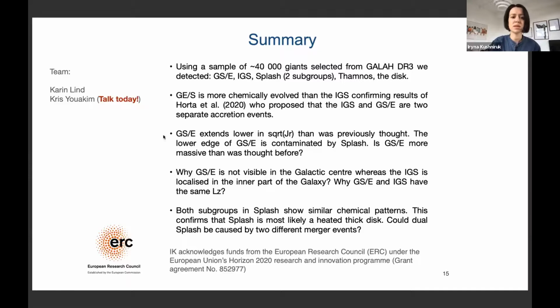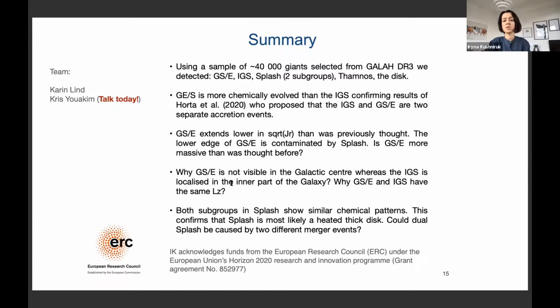We also see that Gaia Enceladus sausage extends a bit lower in square root JR, not 30, but maybe 20, but in this lower part it's more contaminated by the splash population. So is Gaia Enceladus more massive than we thought before? Is it a bigger event than we thought before?